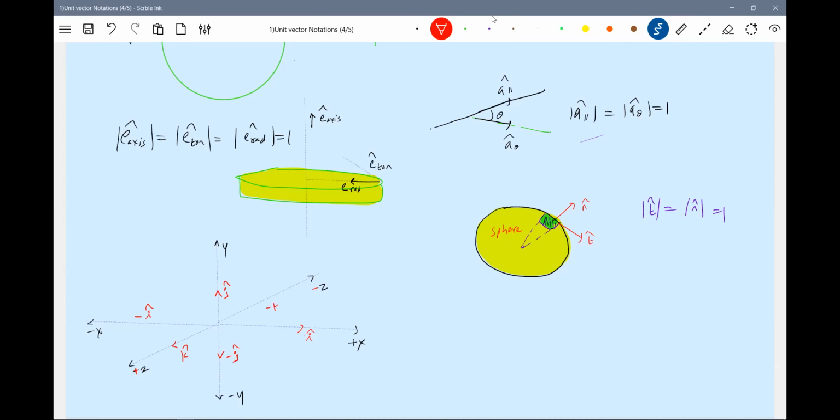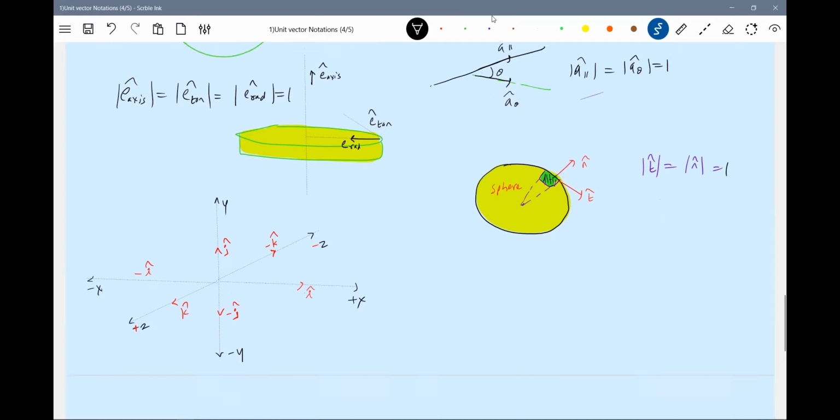Along the negative z-axis, this will become minus k cap. Now we can define any direction with the help of these. That's overall the basic idea of the unit vector notation.